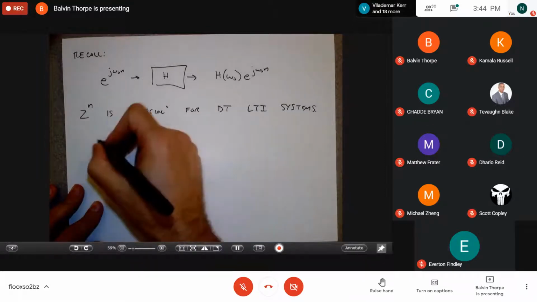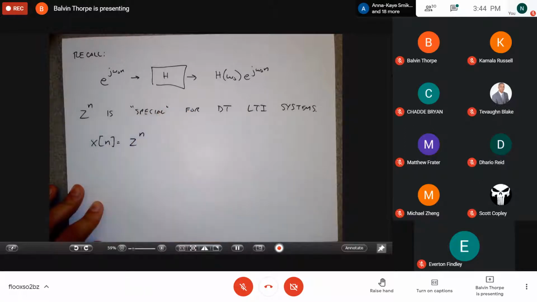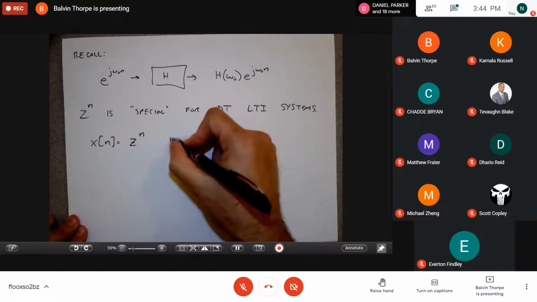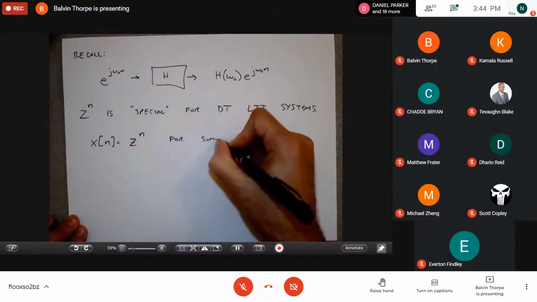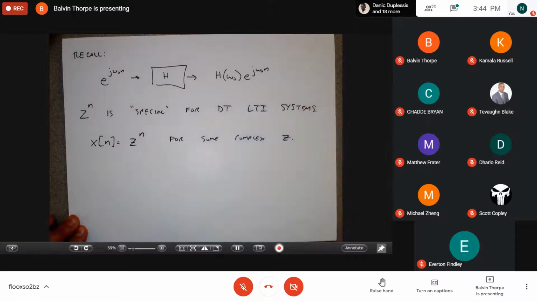What do I mean by that? Let's suppose that my input signal is this z to the n. I usually try to put a little bar through the z, so keep in mind this is a z and not a 2. So this is z to the n for some complex z.